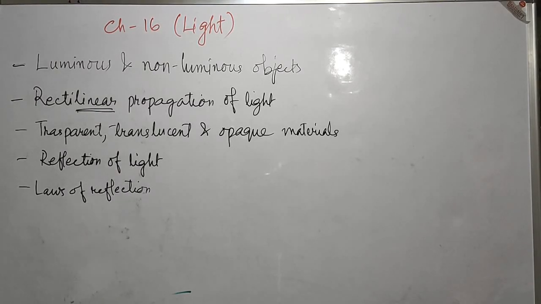Now moving on to the next one, that is reflection of light. In a simple way, the reflection of light is the bouncing back of the light. Suppose you turn on the light toward a mirror. In a mirror, the light does not pass behind the mirror, it bounces back.